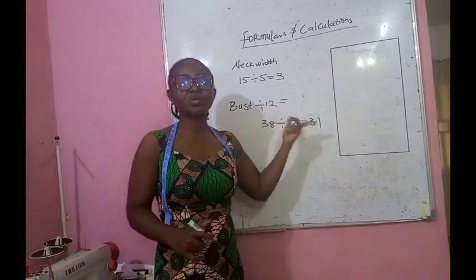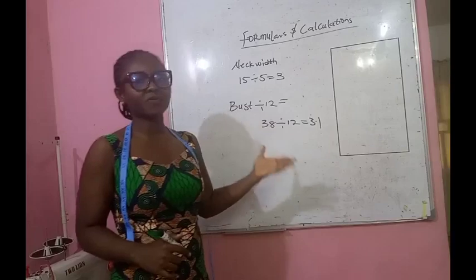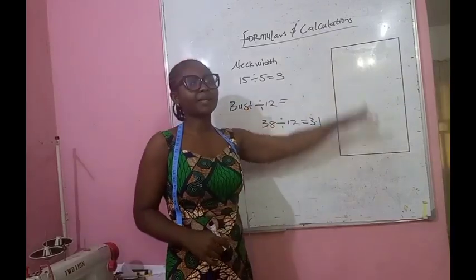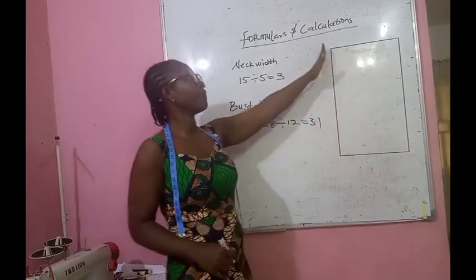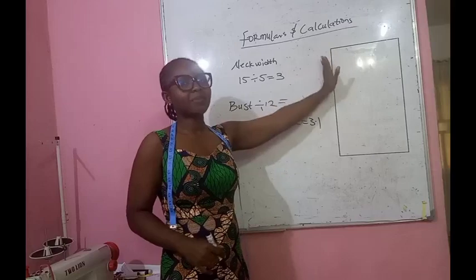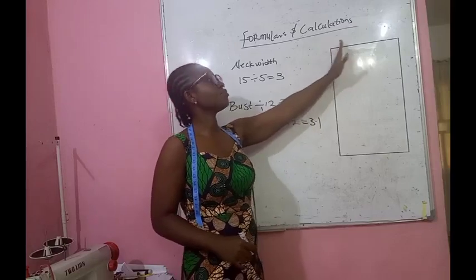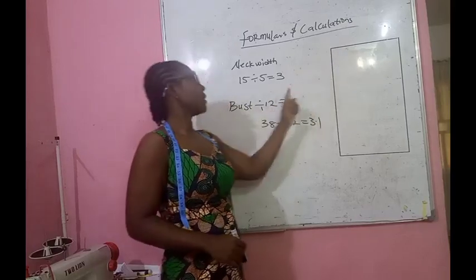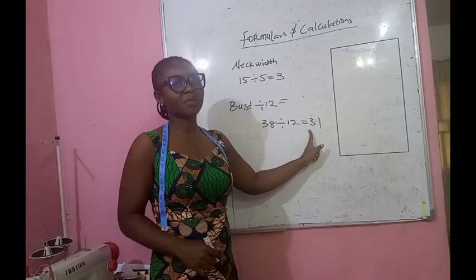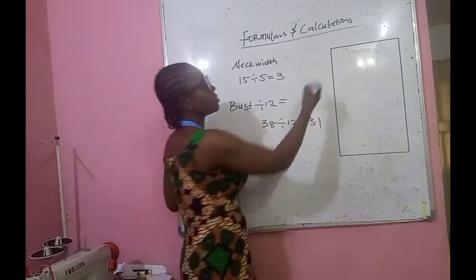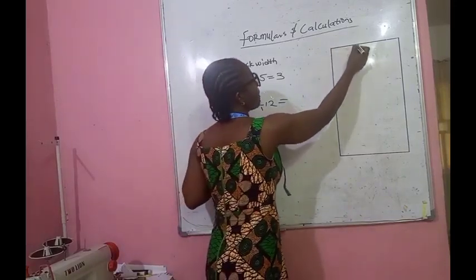So where are we going to impute this measurement that we've just gotten? This is our paper, this is our fabric, this is whatever we want to use to cut. So from the CF or center back, wherever we want to begin, we're going to measure our neck width. Either you're using this formula or you're using this formula, whichever one it is, we're going to measure it from here to here.